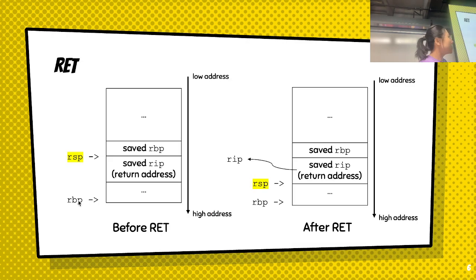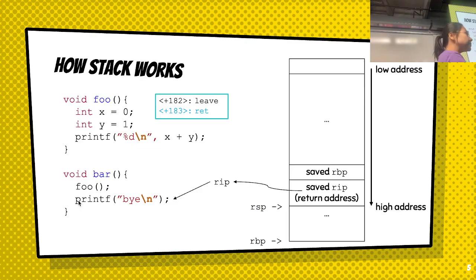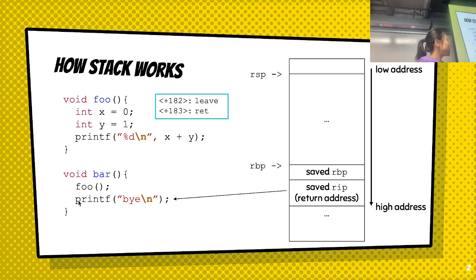Okay, cool. Yes, so when RBP got popped, in general, pop just means that you look at the stack, you look at the bottom of the stack, retrieve that value, and give that value to RBP.